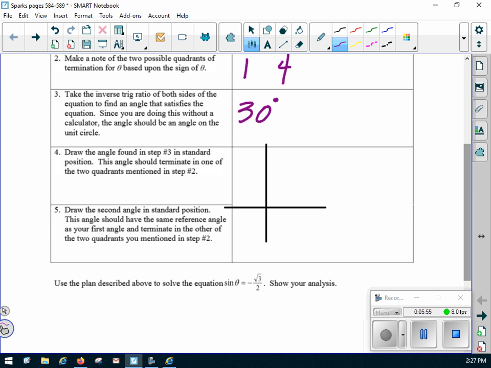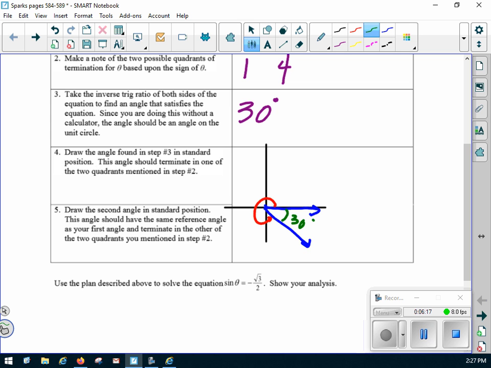I'm just going to use a reference angle of 30 degrees in quadrant 4. So I'm going to have a reference angle of 30 degrees.